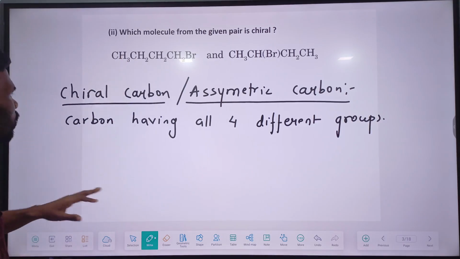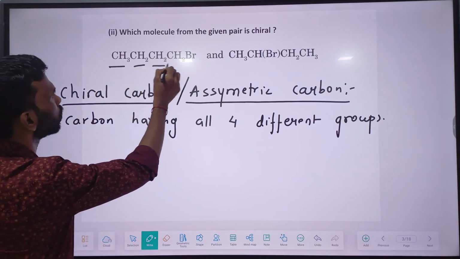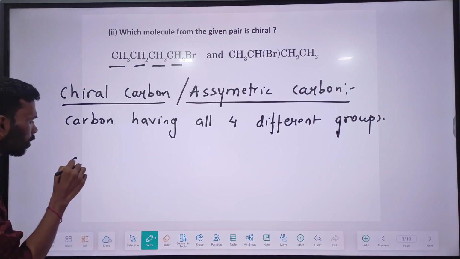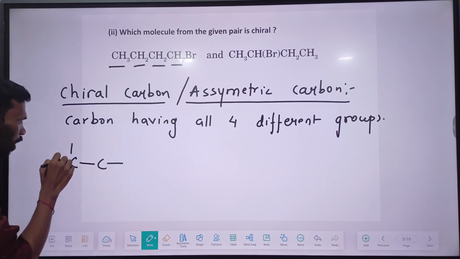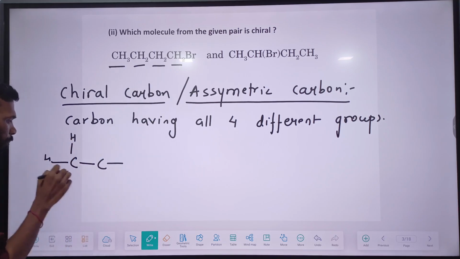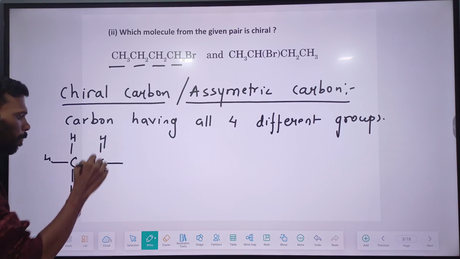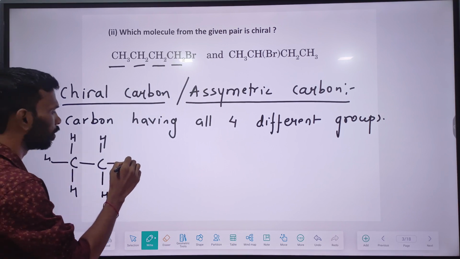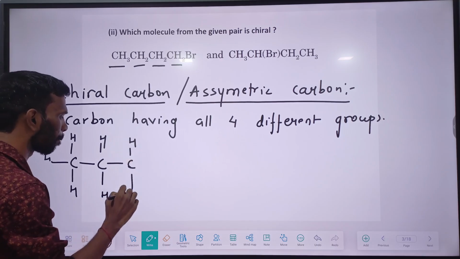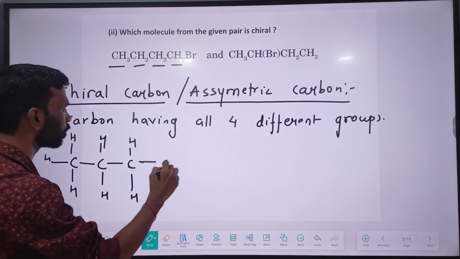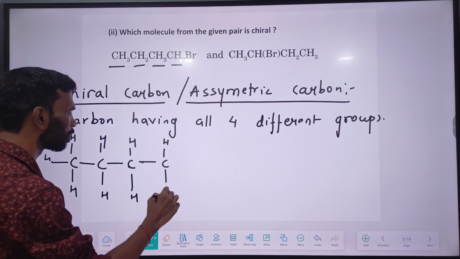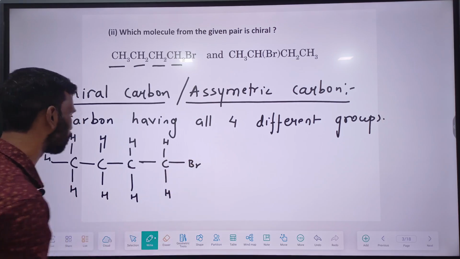If you write this structure, this is CH3, CH2, CH2, CH2, Br, which means this is my first carbon. This is CH3, this is CH2, this is 3, this is 4, and this is Br.